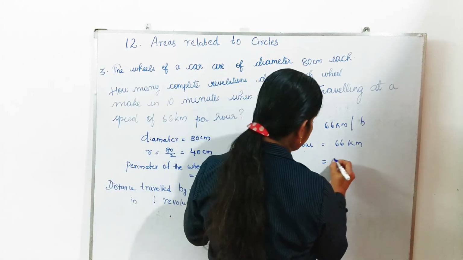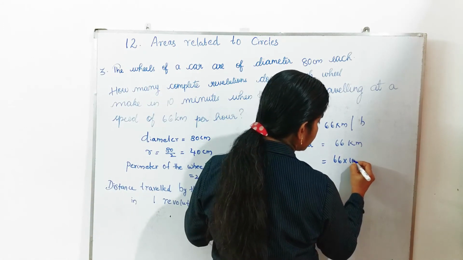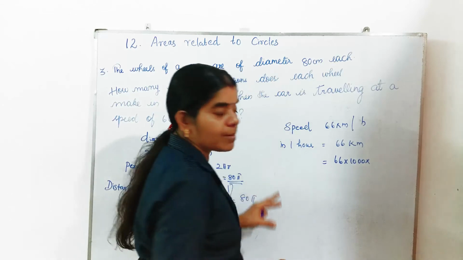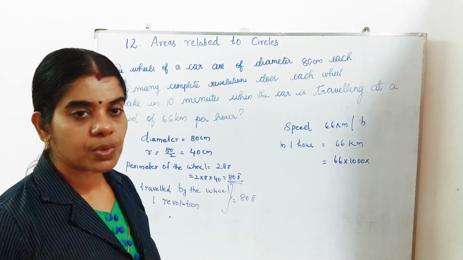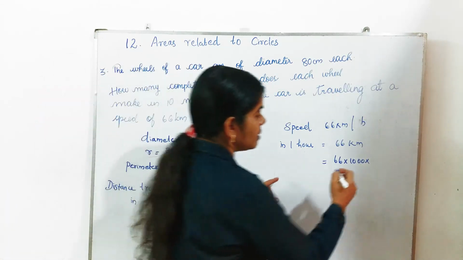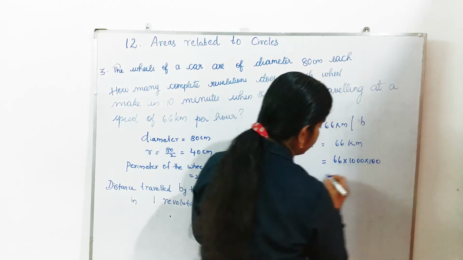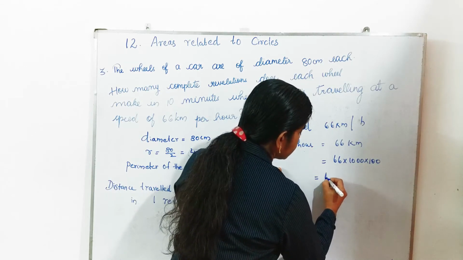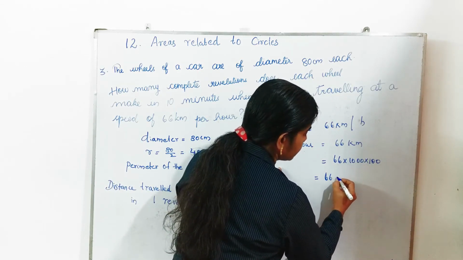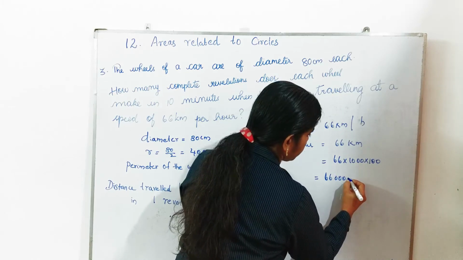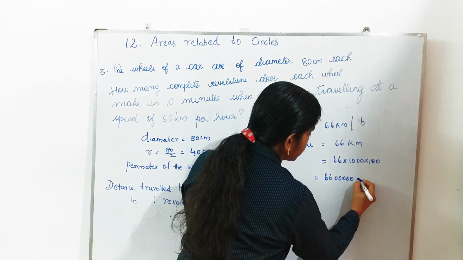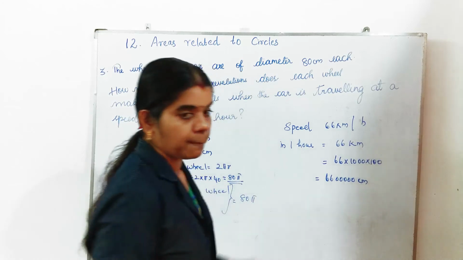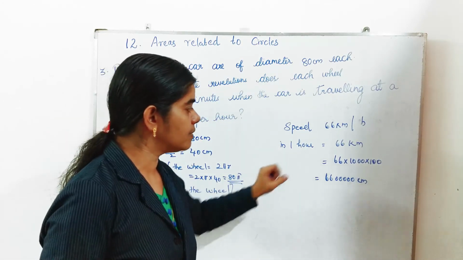So you will get 66 into 1000. If you are multiplying with 1000, it changes to meter. Then for centimeter, we will multiply with 100. That is 66, and how many zeros are there? 5 zeros. This much centimeter is moving in 1 hour.